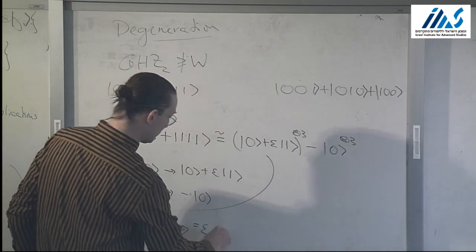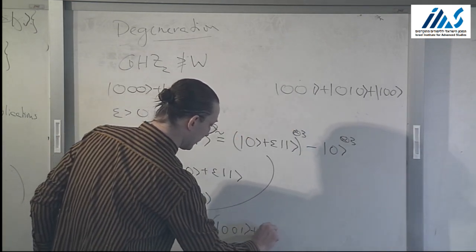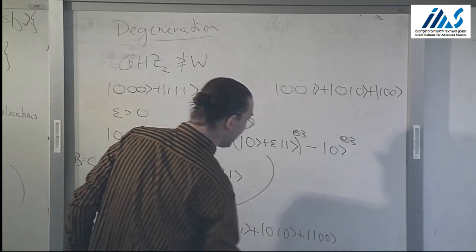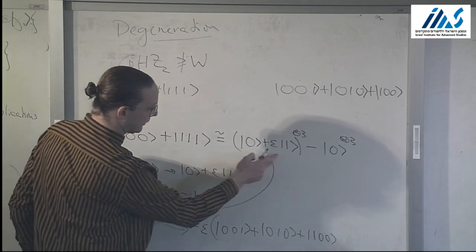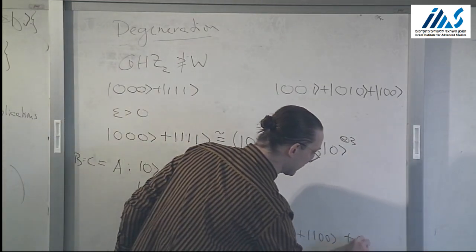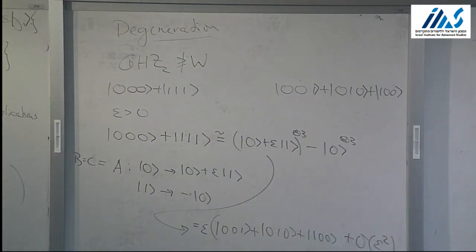So we just see that we get 0,0,1 plus 0,1,0 plus 1,0,0. And then, of course, we get the terms where I have 1,0, and 2 1s, which is then order epsilon squared. So there's some stuff of order epsilon squared.